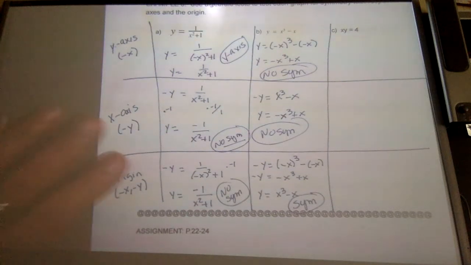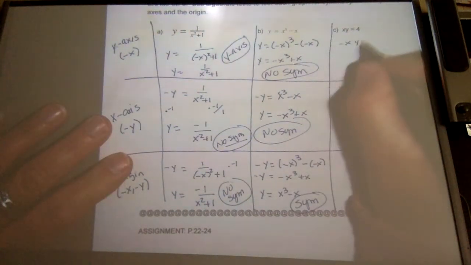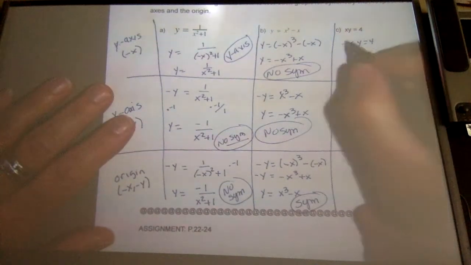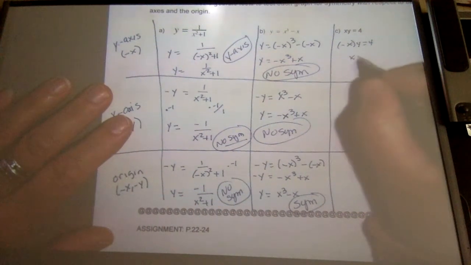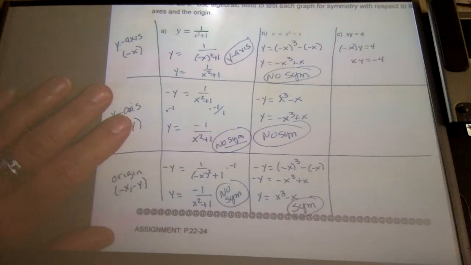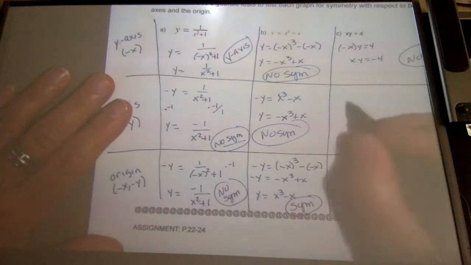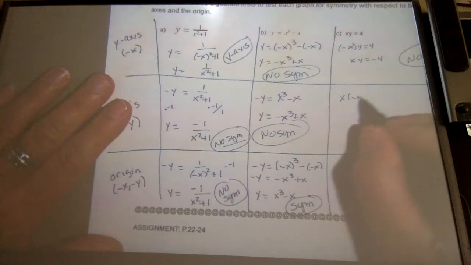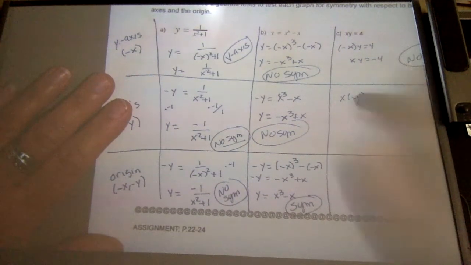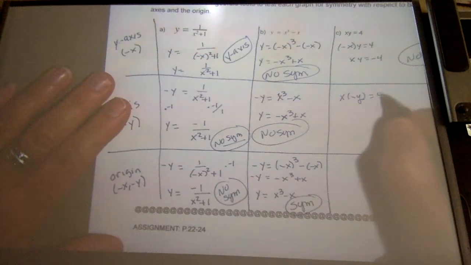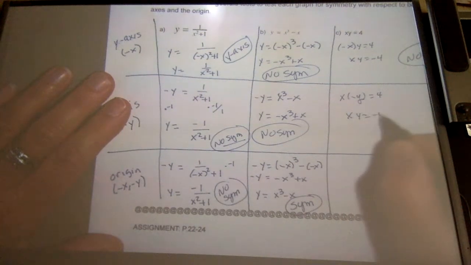And for the last one, negative x times y equals 4. That gives us xy equals negative 4. Is that the same? And then x times negative y. Again, that's xy equals negative 4.